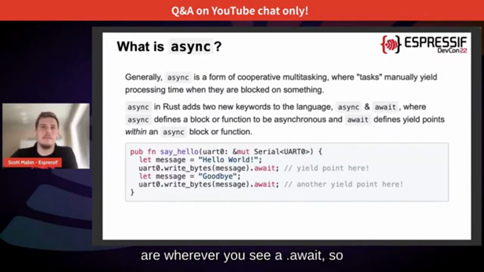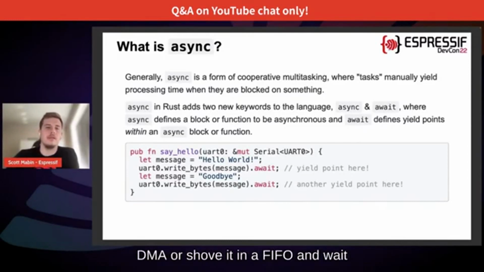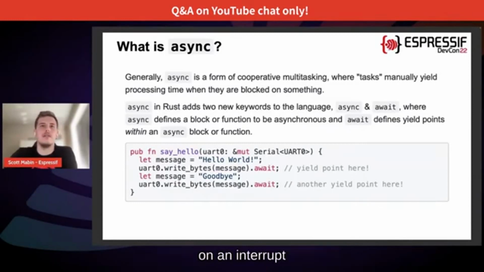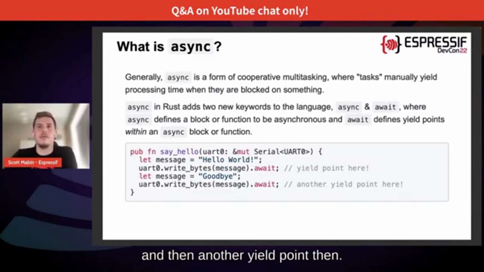In this instance, you would set up the message, queue the bytes to be written to the UART, and then await. And behind the scenes, what this will do is queue up either a DMA or shove it in the FIFO and wait on an interrupt. And then during that time, the executor can go back and try and do something else until this is woken up. And then obviously the next line, and then another yield point there.